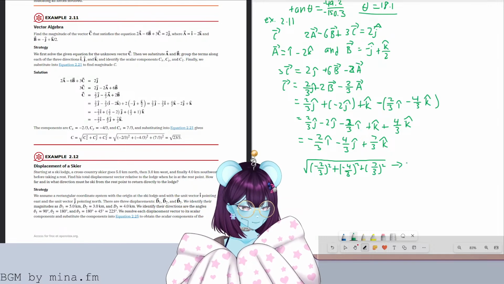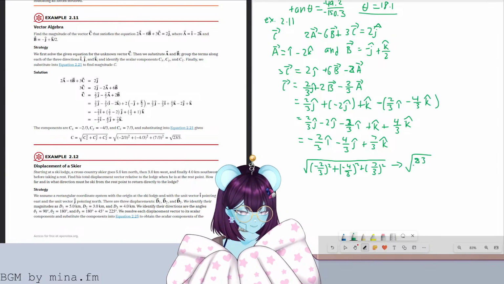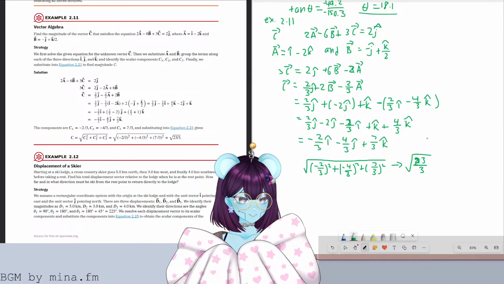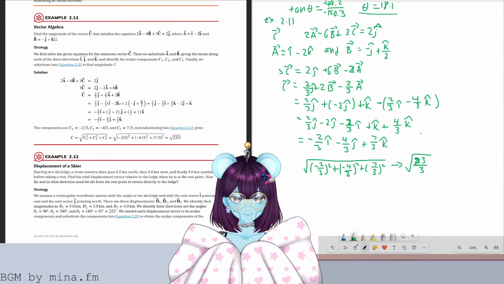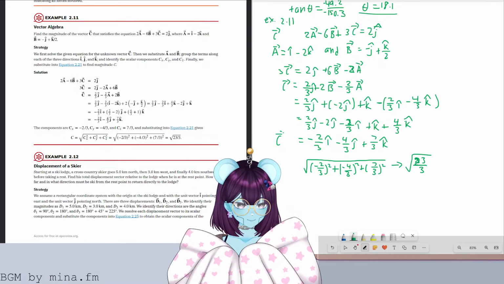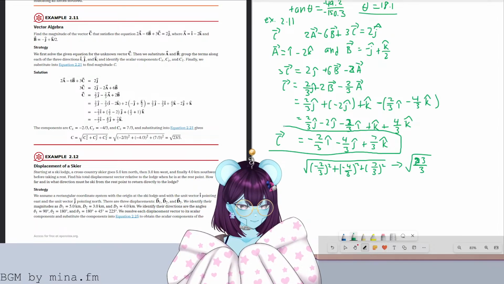There we go. And this is your magnitude of... I guess they did not use a calculator this time. They just left it as 23 over 3. So this is your magnitude of that c-scalar, and this is your c-scalar as well. Right here. So here is your final answer.